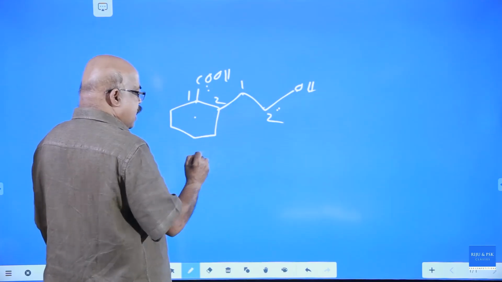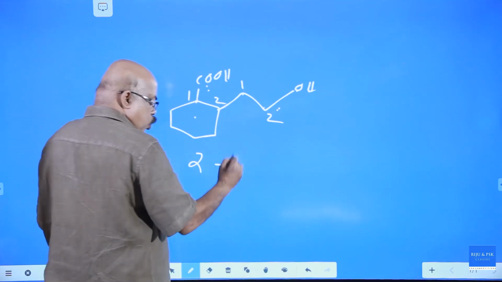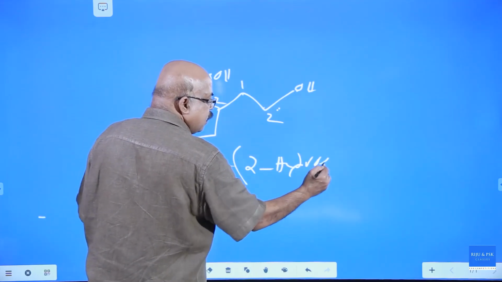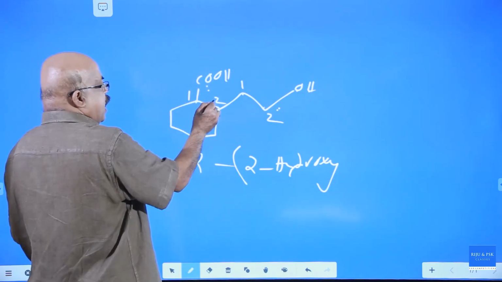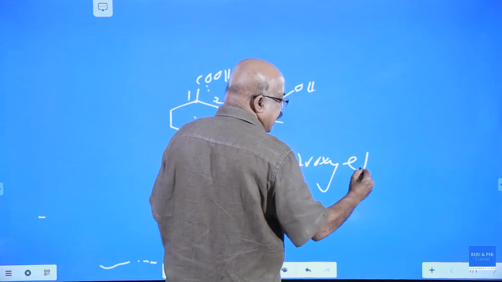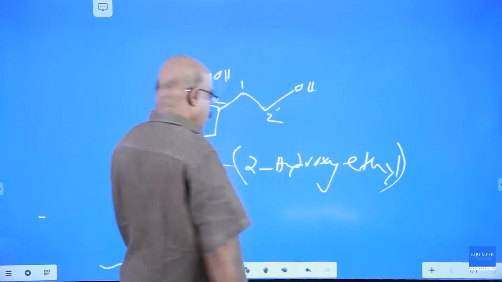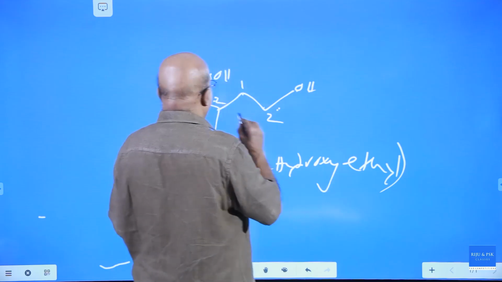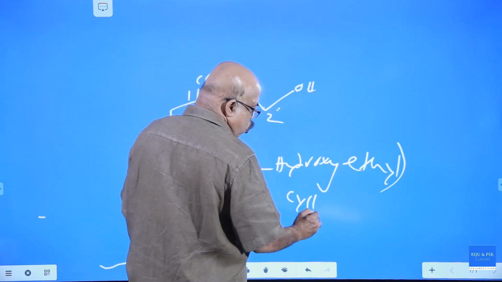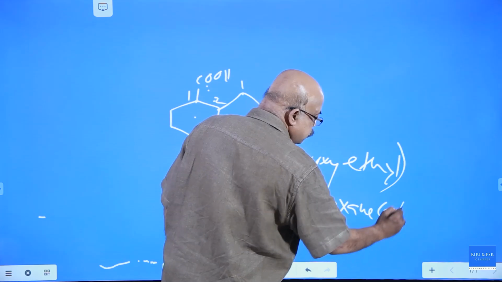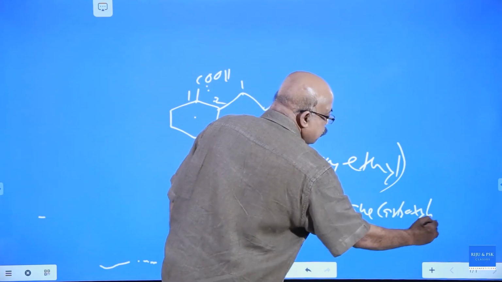That is, the second carbon, 2-hydroxy. The second carbon is holding one substituent, that is 2-hydroxyethyl. 2-hydroxyethyl cyclohexane carboxylic acid. Okay.